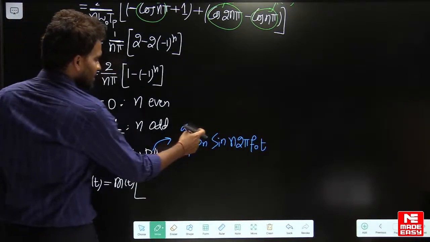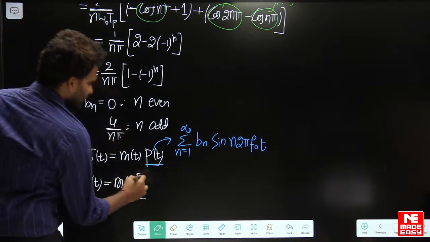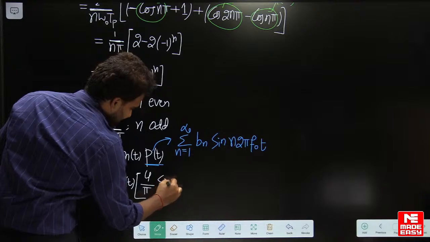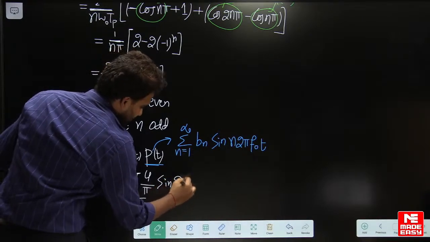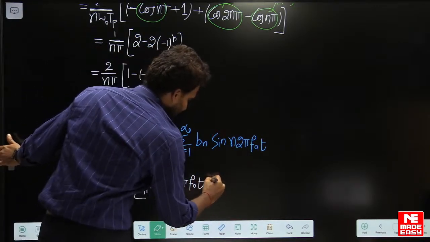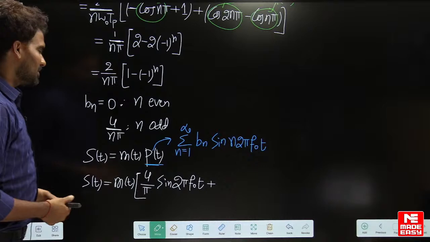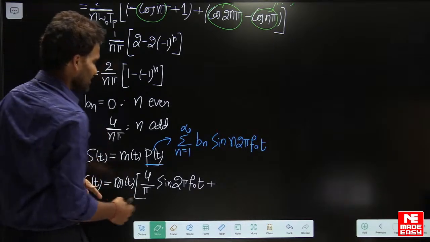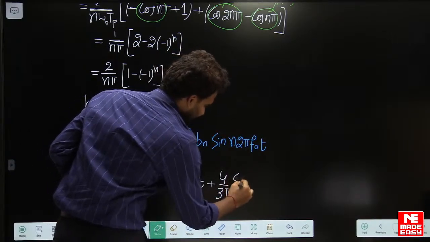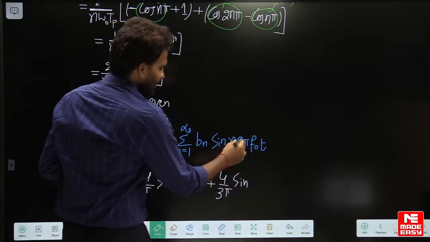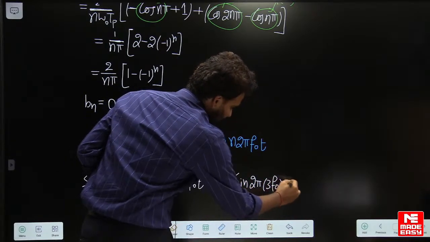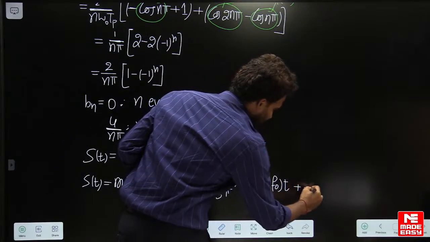So if n equals 1, this is 4 by pi sine 2 pi f naught t, and if n equals 3, this is 4 by 3 pi sine 2 pi 3 f naught t, and plus it goes on.